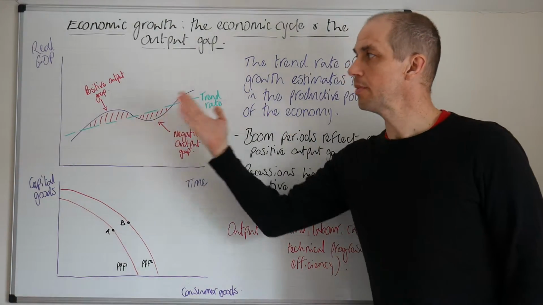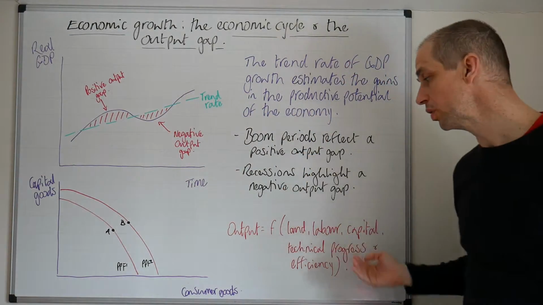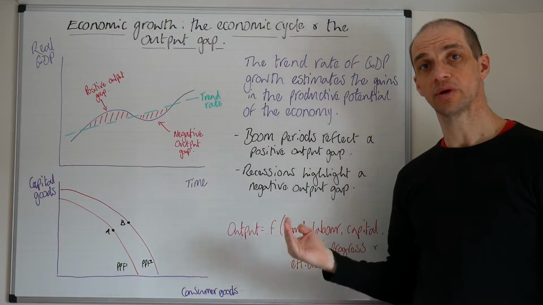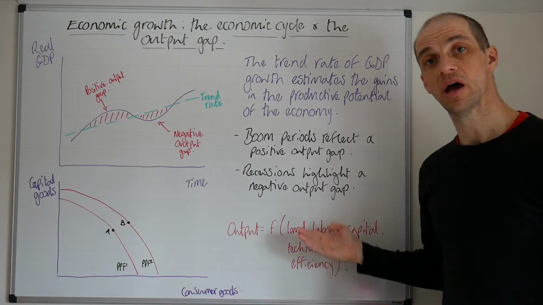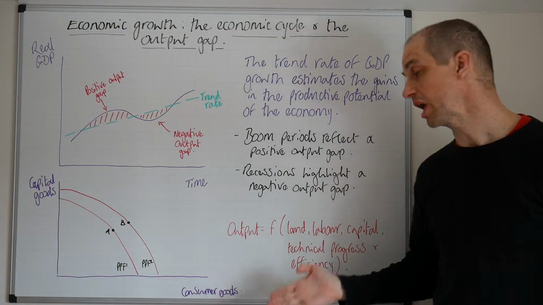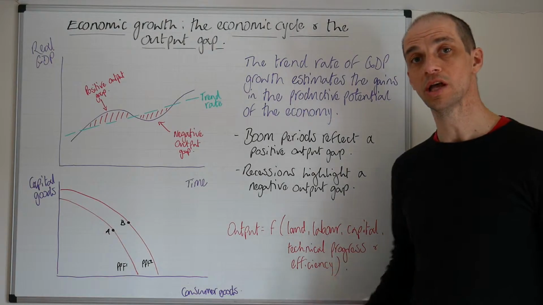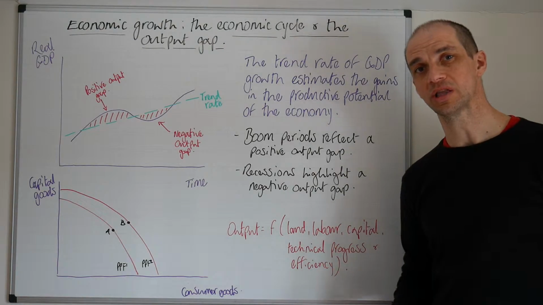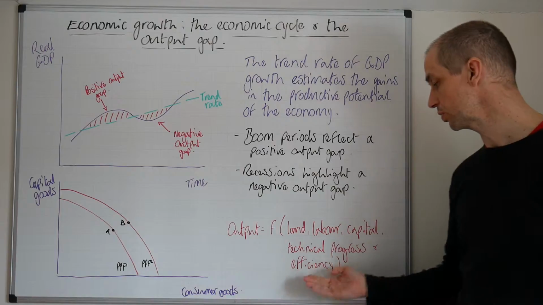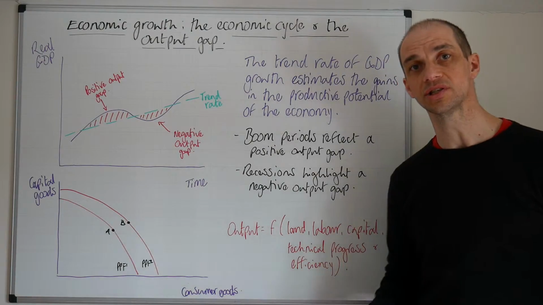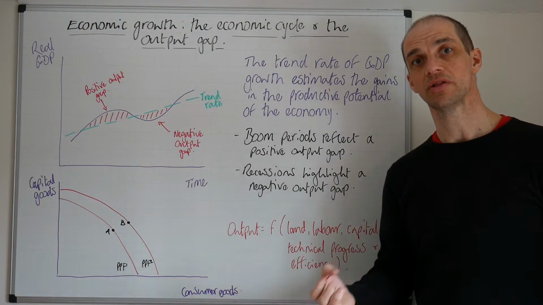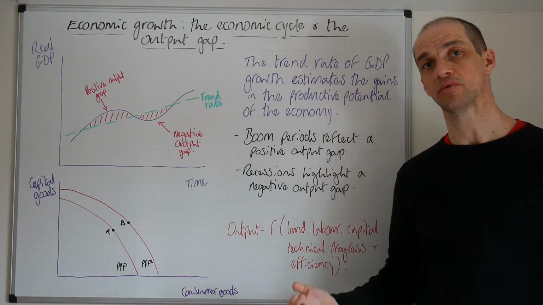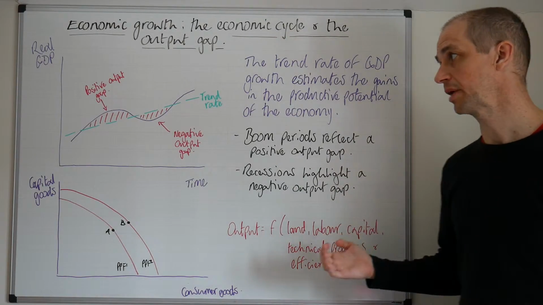Now, we've got to remember that when it comes to economic growth, output for an economy is a function of the resources that the economy has, the land, labour, capital, together with the way in which they utilise these resources, the technical progress and the efficiency that helps to generate much better returns for an economy.